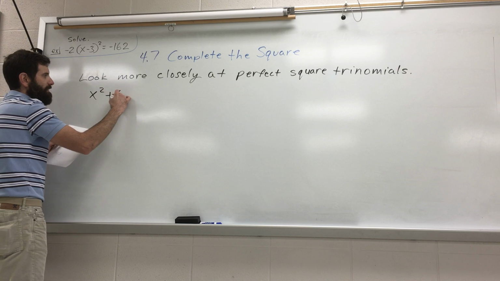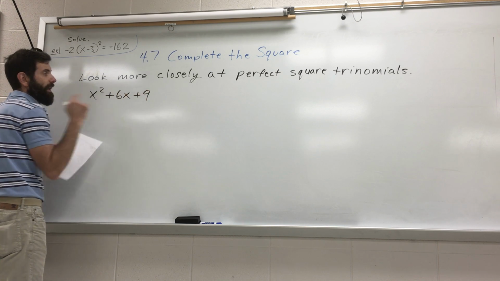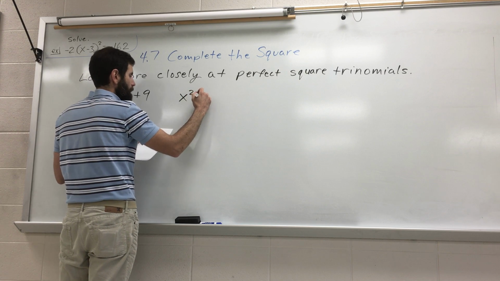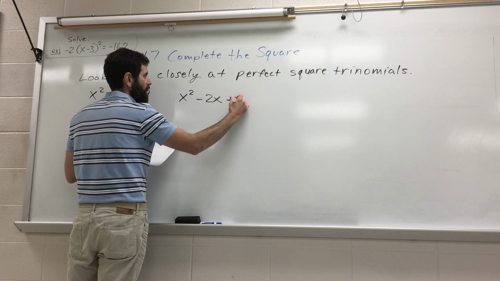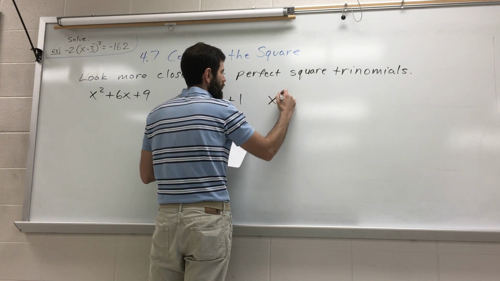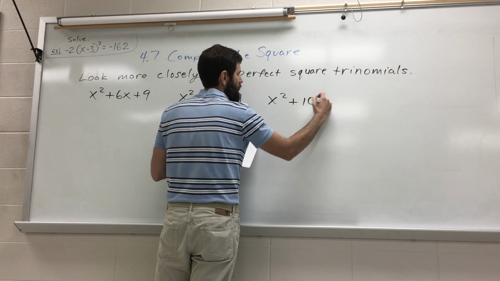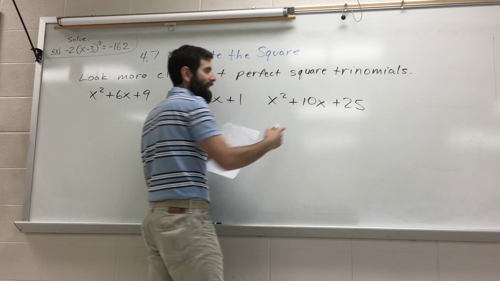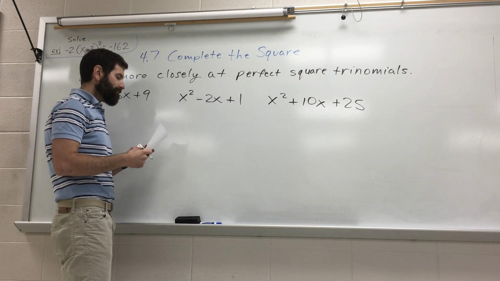X squared plus 6x plus 9. That's a perfect square trinomial. X squared minus 2x plus 1. That's a perfect square trinomial. X squared plus 10x plus 25. That's a perfect square trinomial.